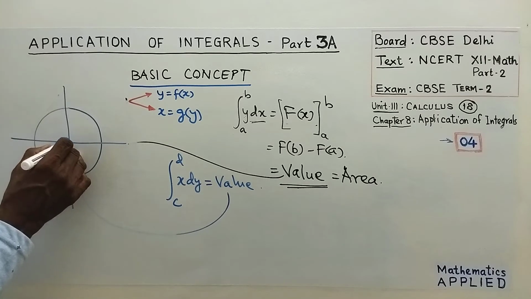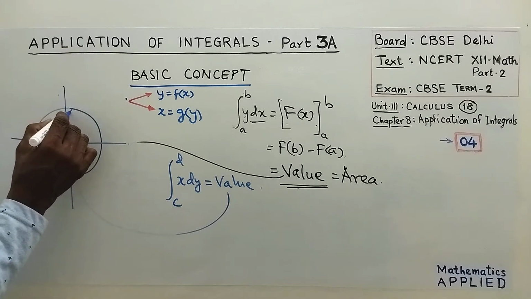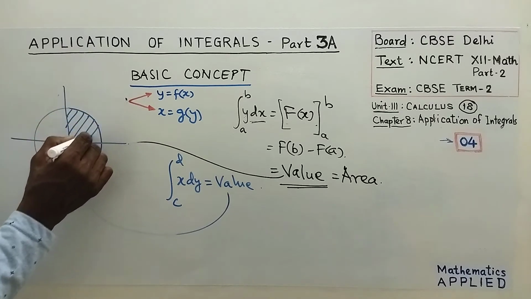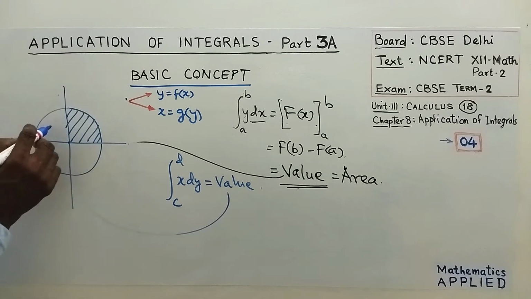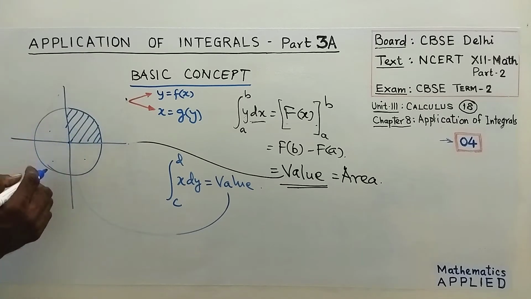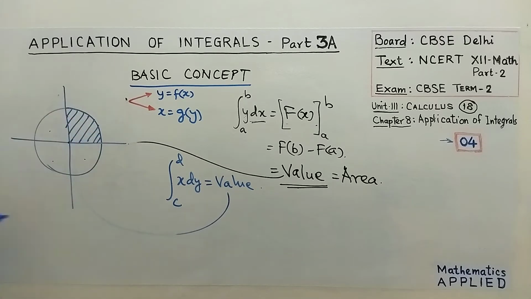Center is always at 0, 0. So if you can find the area of this region, you can multiply it with 4, because you have similar 4 regions. So multiply it with 4, you will get the area enclosed by the circle.